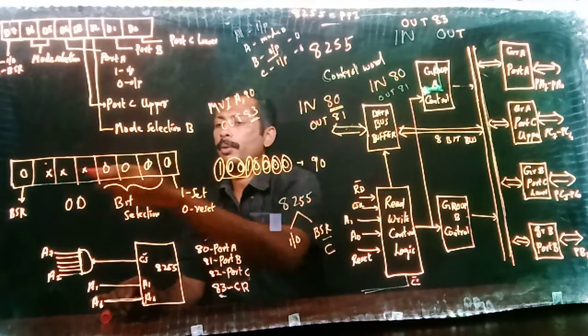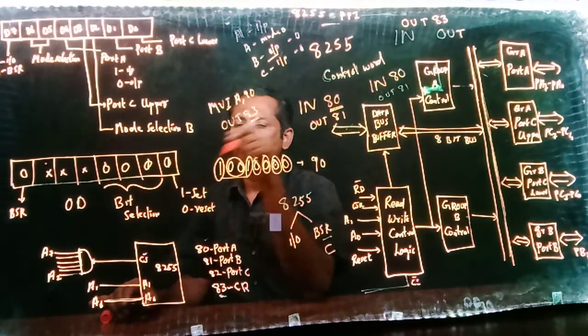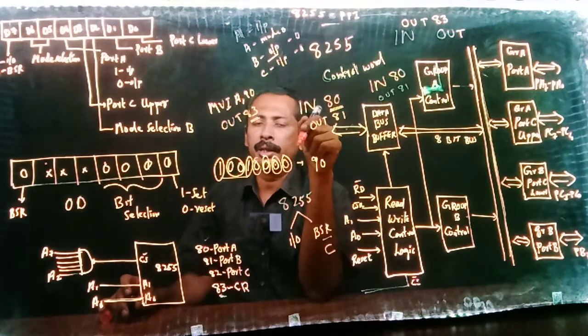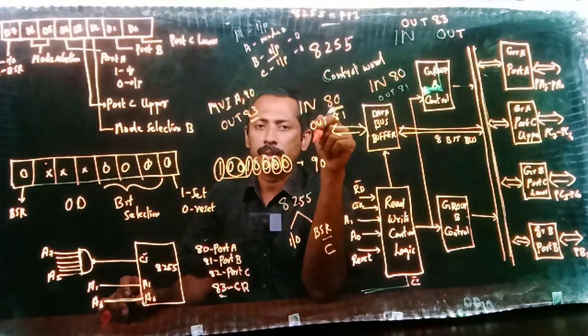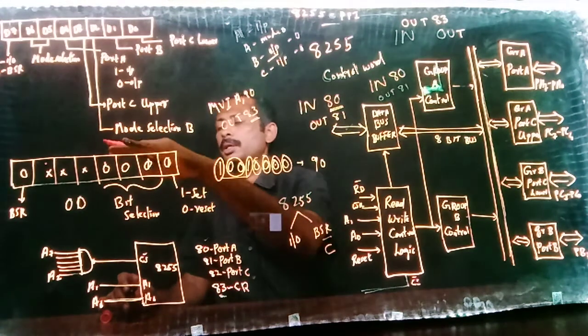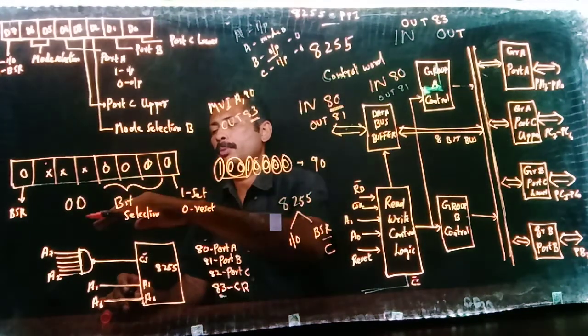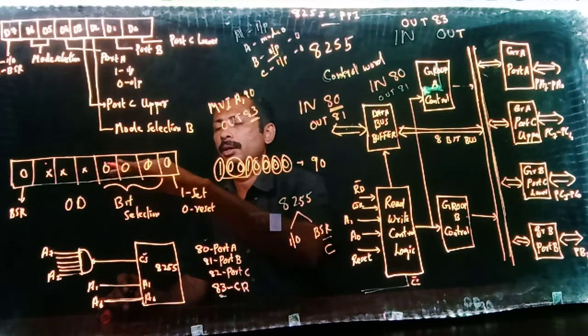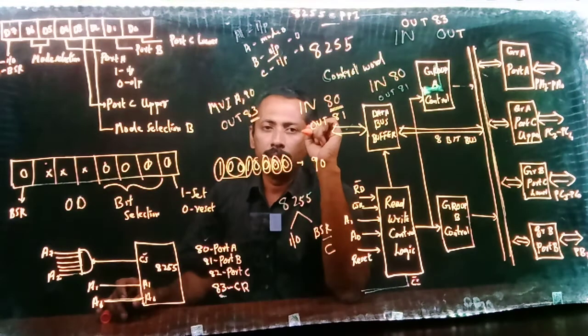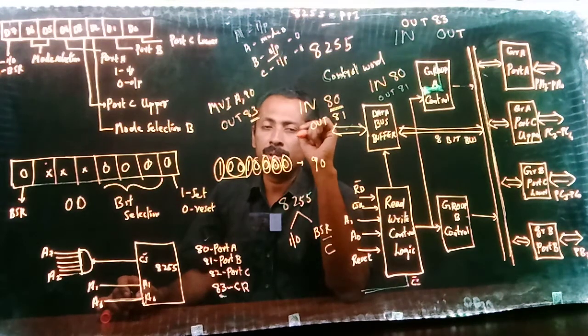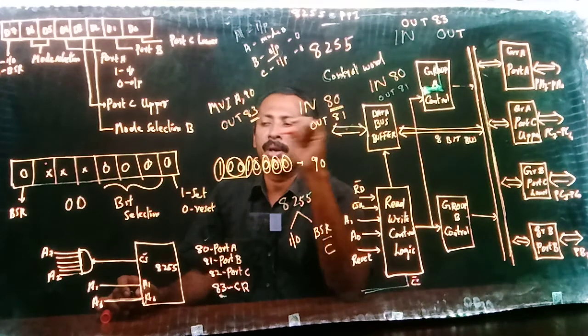So I can form the control word, then I can write it directly to the control register. Okay. So this is the operation of BSR mode, bit set reset.